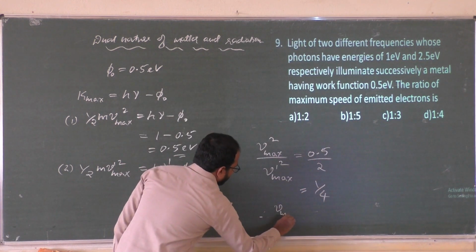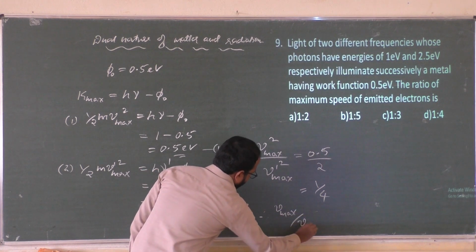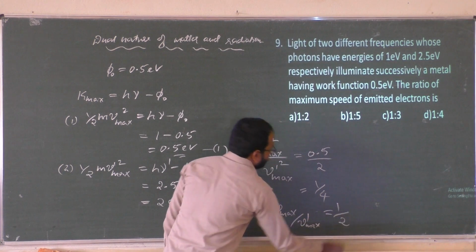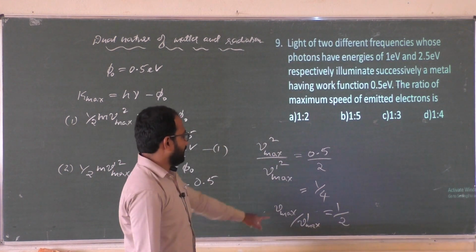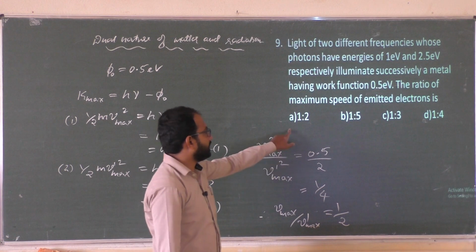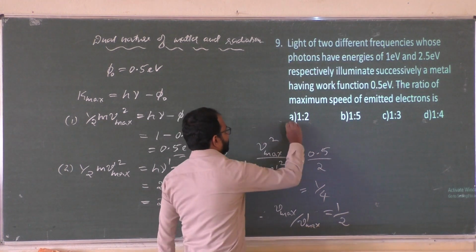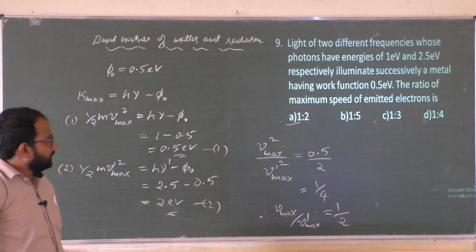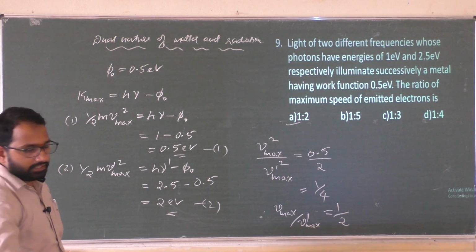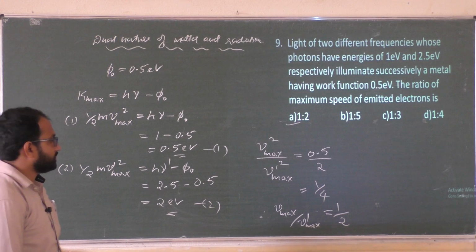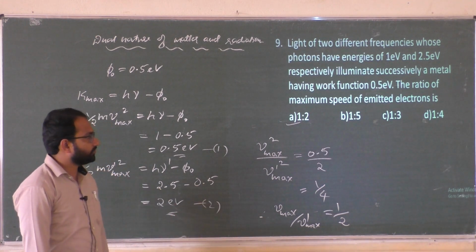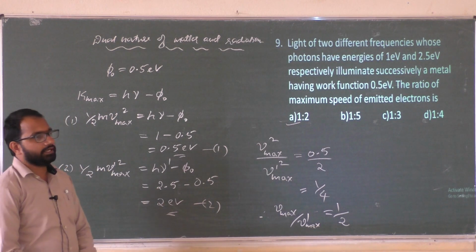Taking the square root, v maximum by v maximum dash is equal to 1 by 2. Therefore the velocities are in the ratio 1:2. The correct option is A.